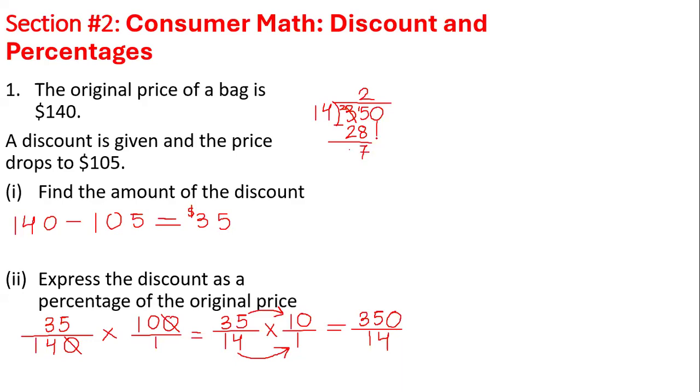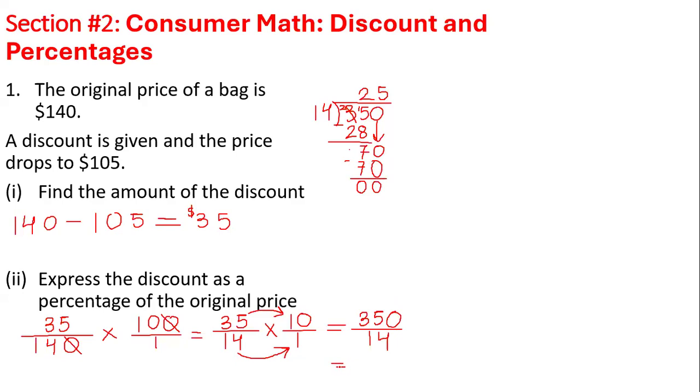Bring down the 0. How many times does 14 go into 70? 5 times. 14 times 5 is 70. So 0, 0. Good. So it's going to be equal to what?